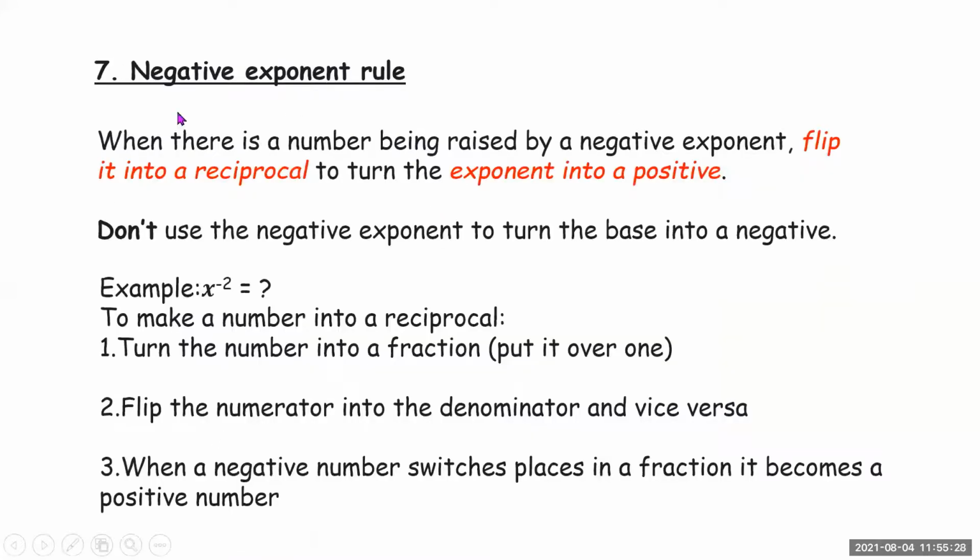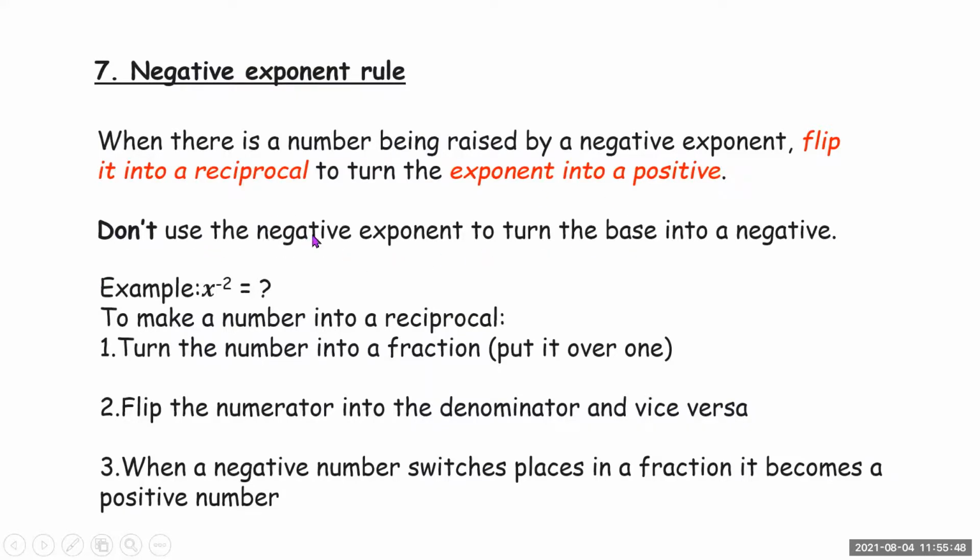Okay, the last rule, the negative exponent rule. When a number is raised to a negative exponent, what we need to do is flip it into a reciprocal to turn the exponent into a positive. Don't use the negative exponent to change the sign of the base.